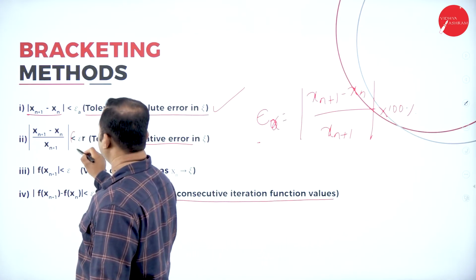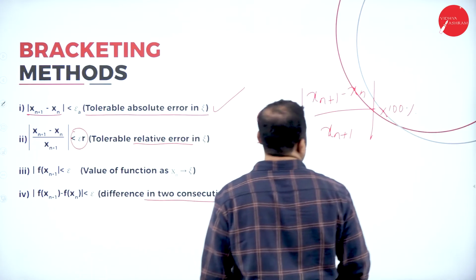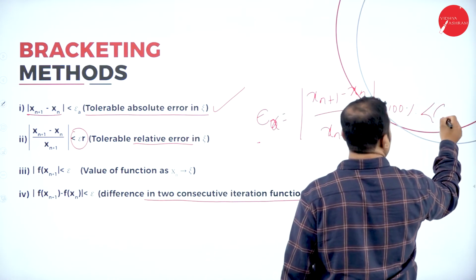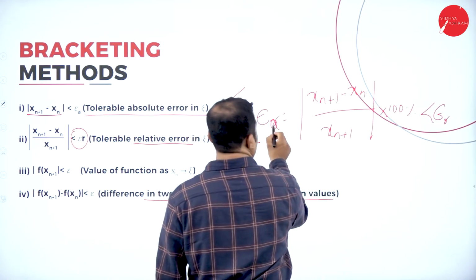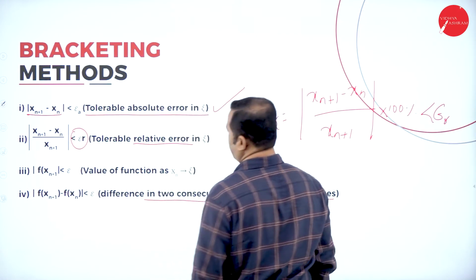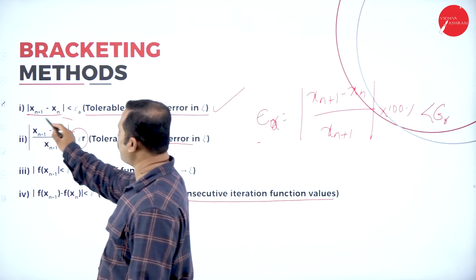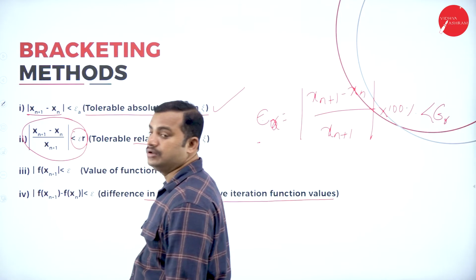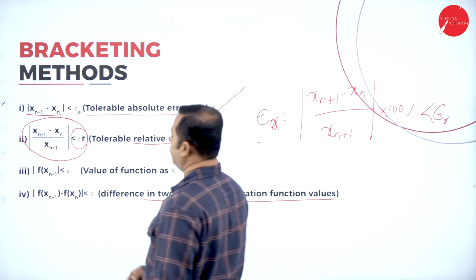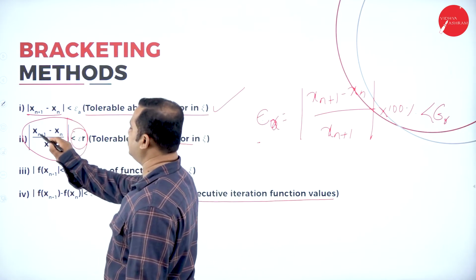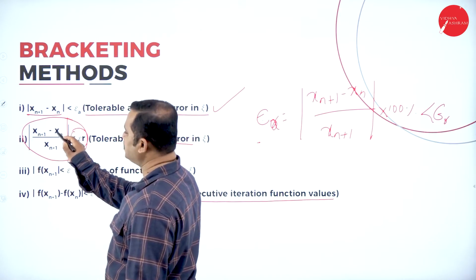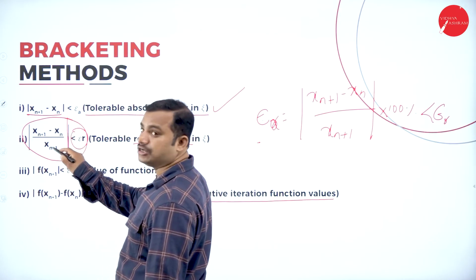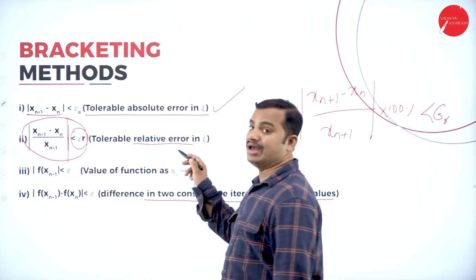So what is the condition here? Less than epsilon, the relative error. This is the formula we are using to find the relative error: present iteration minus previous iteration divided by present iteration gives me the relative error.